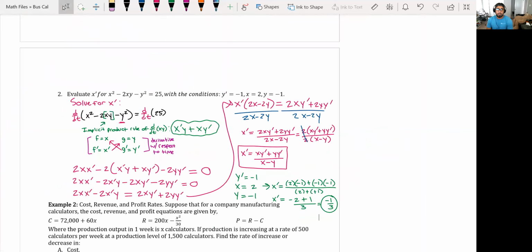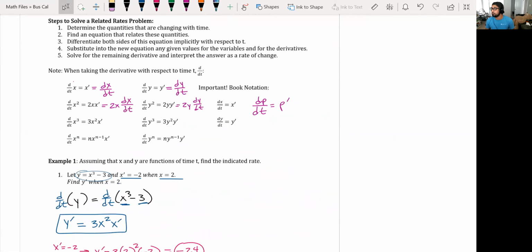Okay, there it is. So those are practicing implicit derivatives. So all you do is take the implicit derivative with respect to time on both sides, then just follow your legend that we have at the top of the page here, just to know how to handle the notations.